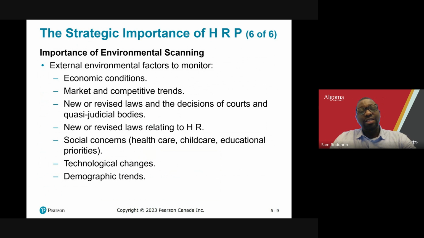So no employer is expected to hire below 17.20. That is the law. So HR must be conversant with every employment law within their jurisdiction. Then there are social concerns, healthcare, education, demography, technology, the world of AI, all of these things. They are also relevant to HR planning.